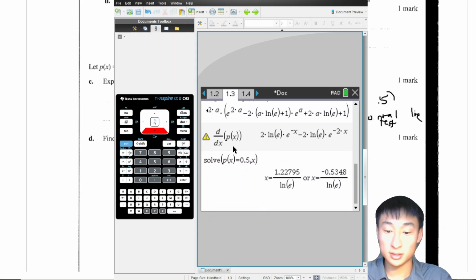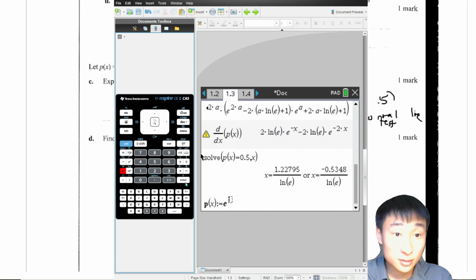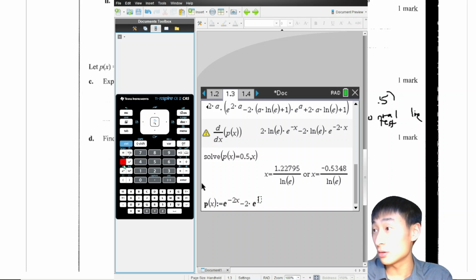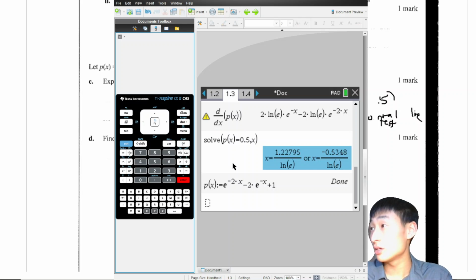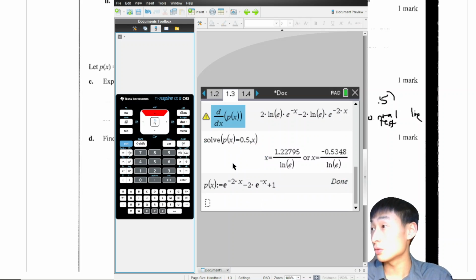I'm going to redefine p of x. You guys need to remember that this is minus 2x minus 2 times e to the power of minus x plus 1. And then, does this mean this is wrong as well?